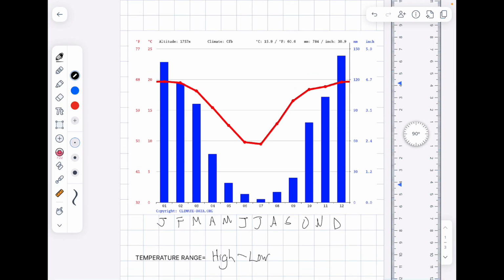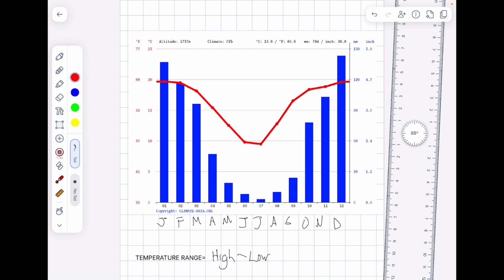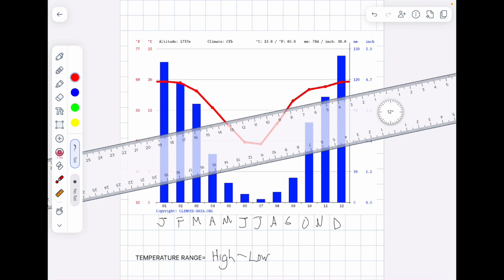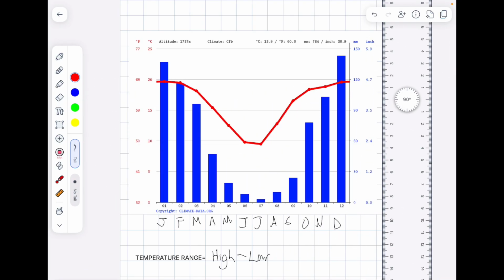So if we ask you, what is the highest temperature in Joburg? Well, we've already worked that out when we were looking at January and December. And we said the high is about 19 degrees, because when we take our ruler up against the top of the line graph, it's just below 20. So we'll say 19.